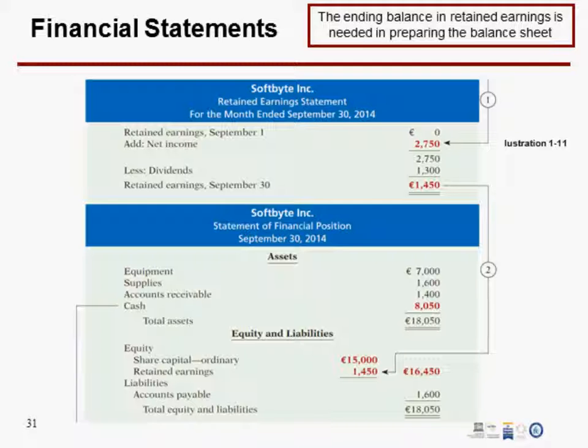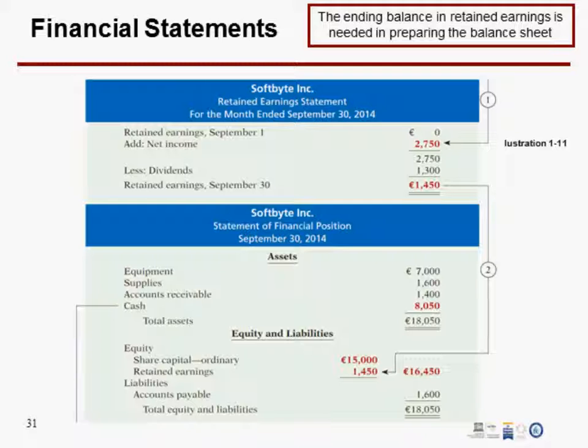18,050. And under the equity and liability, under the equity side, share capital ordinary, the investment made by Ray and Barbara Neal was $15,000, plus retained earnings. The number comes from the retained earnings statement. That is 1,450.